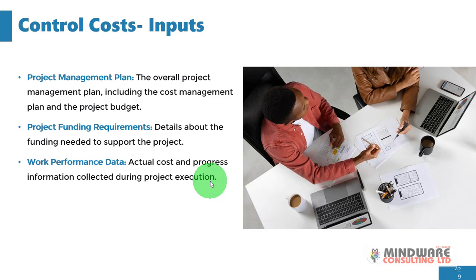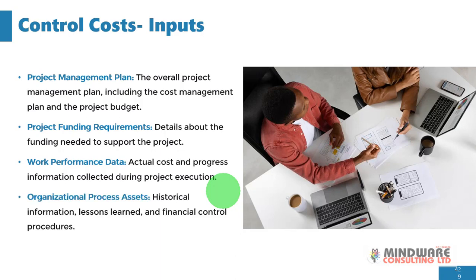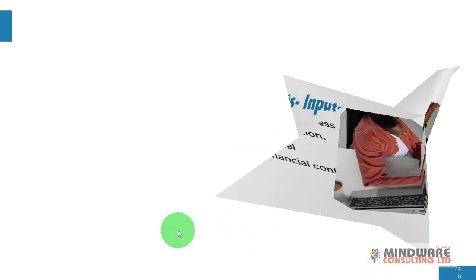Your work performance data is a compilation of the actual costs, what you are spending for each activity, and the progress information as the project progresses. Organizational process assets. These include historical information, lessons learned, and financial control procedures.